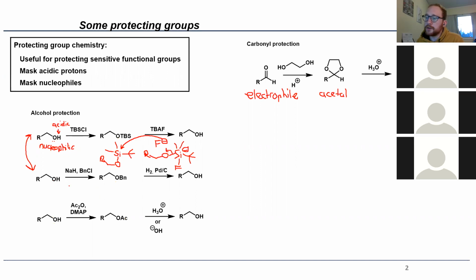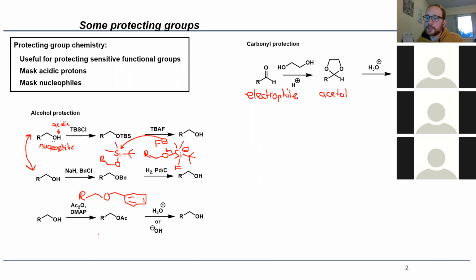The second option here is to make a benzyl ether. The benzyl group, Bn, looks like this. It's a carbon and then a benzene ring, and these can be cleaved by hydrogenolysis. Hydrogen gas with a palladium on carbon catalyst can cleave benzyl ethers.